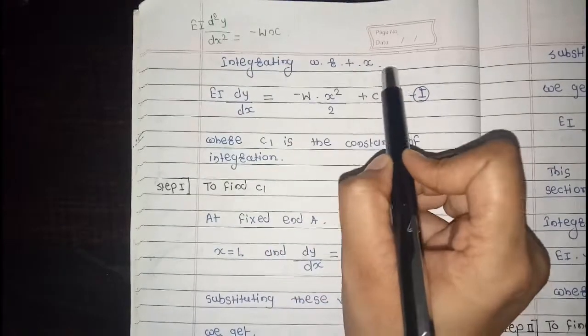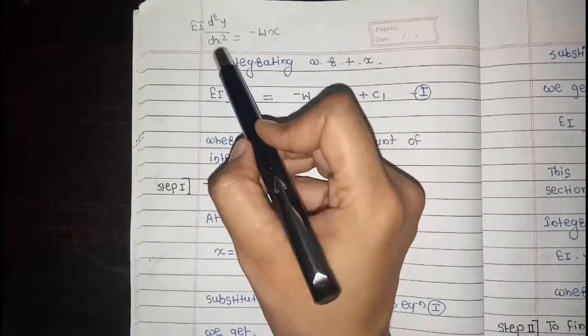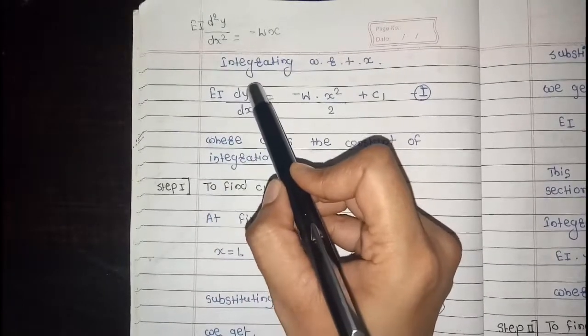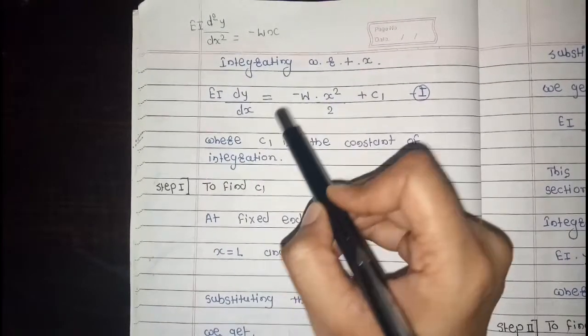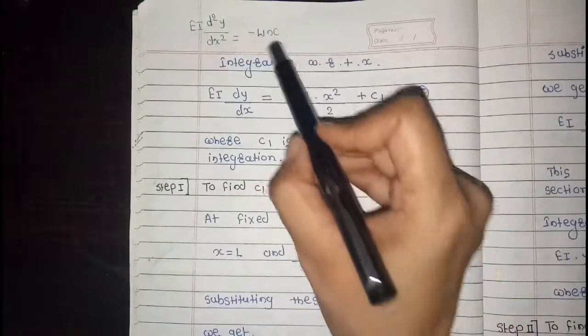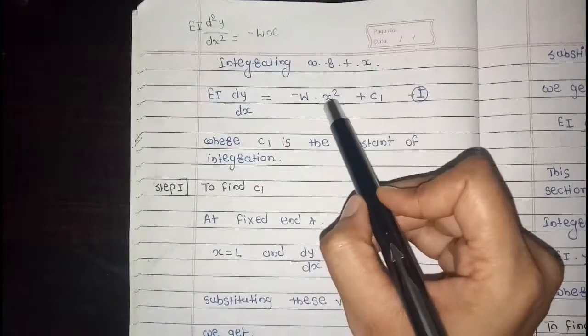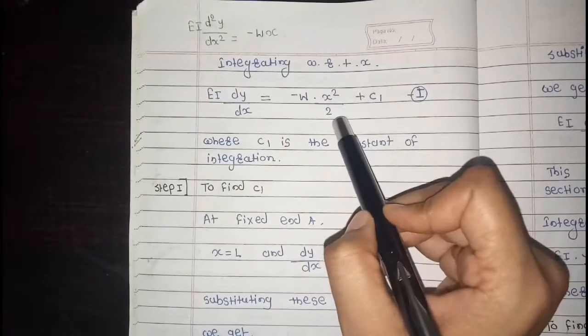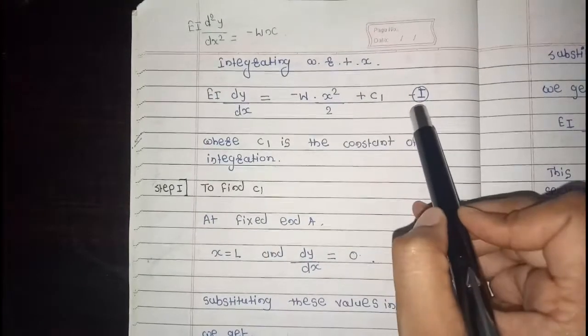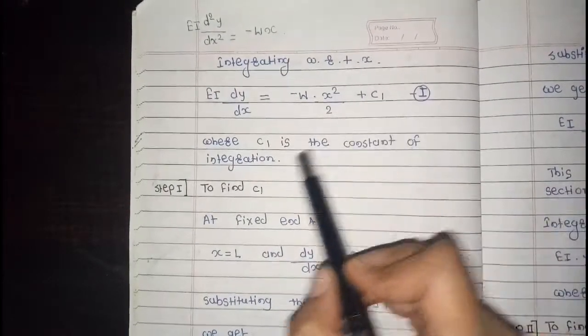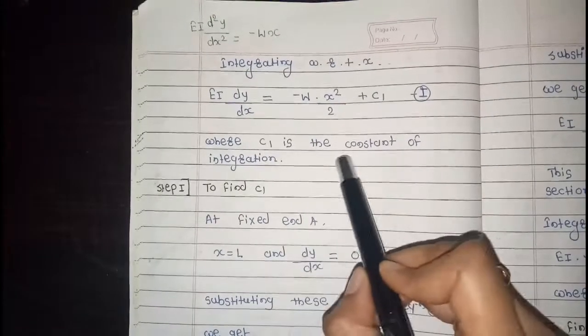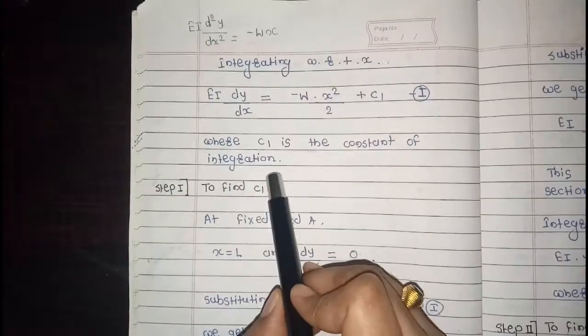Integrating with respect to x, EI dy by dx is equal to minus W times the integration of x, which is x square divided by 2, plus c1. This is equation number 1, where c1 is the constant of integration.